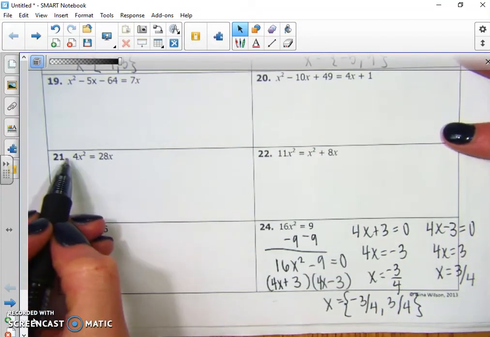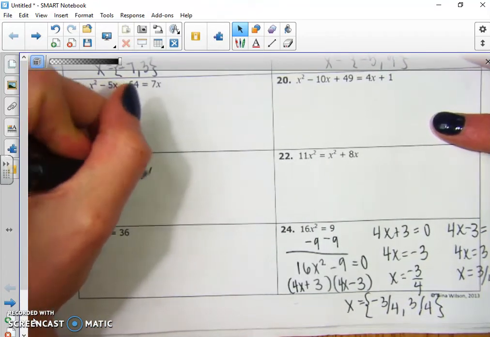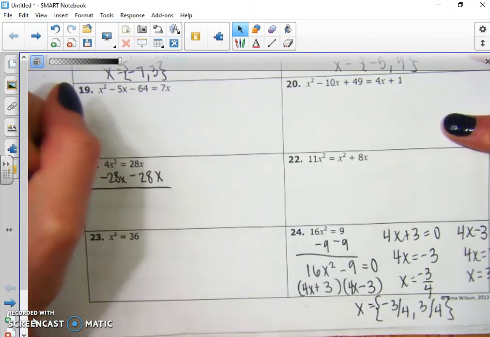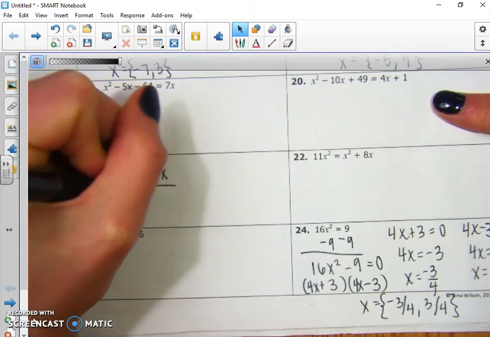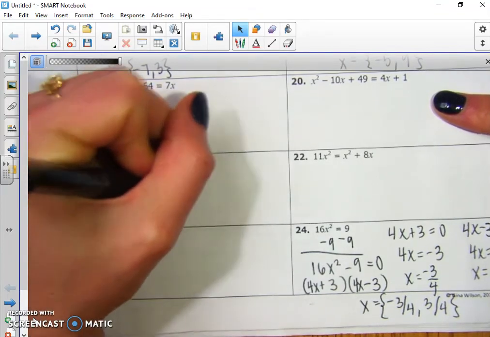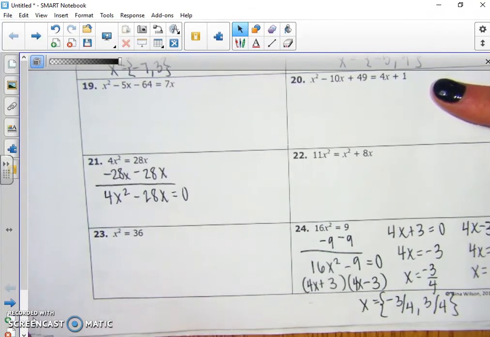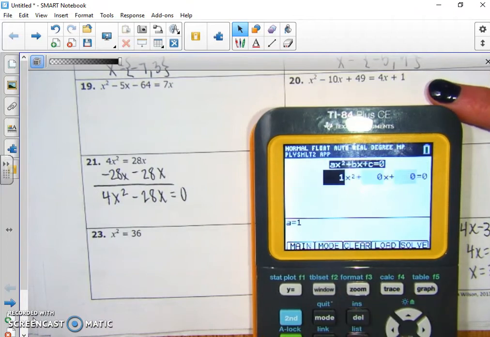If we did number 21, we'd subtract 28x from both sides, and we're left with 4x squared minus 28x equals 0. So you could just plug this into your calculator if you want. We're going to clear our coefficients.